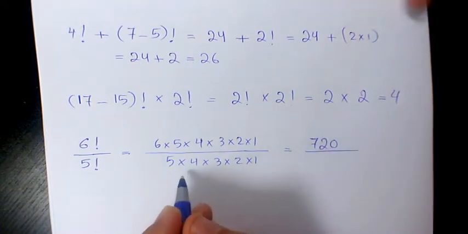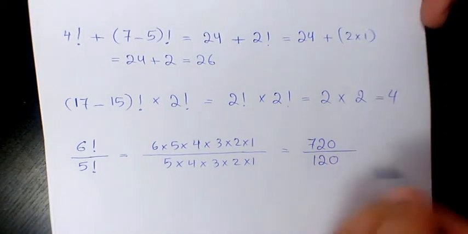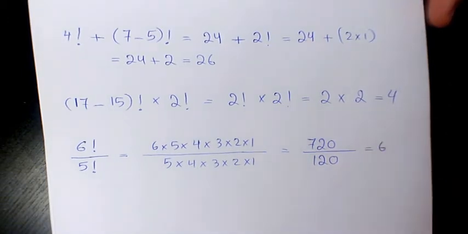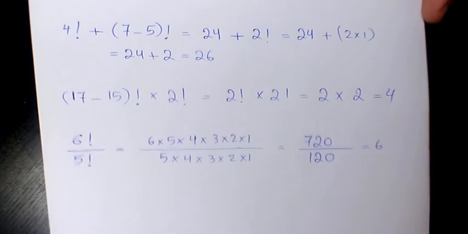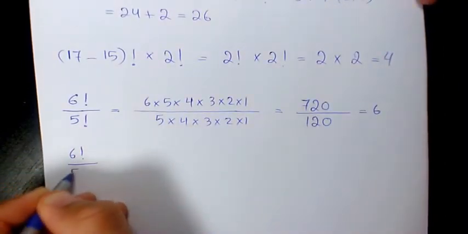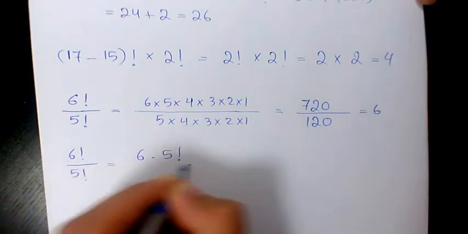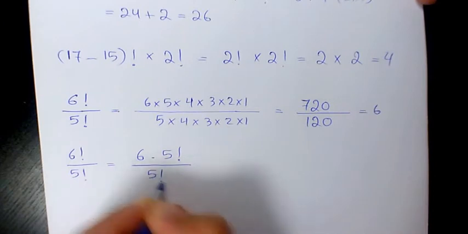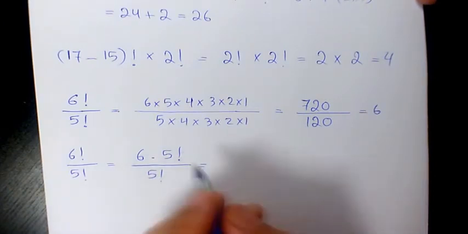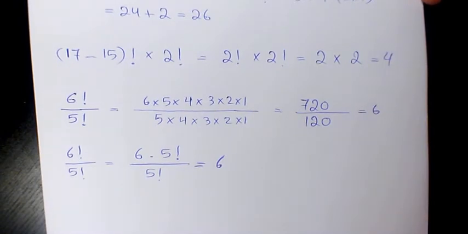And 5 factorial is going to be 120. 720 divided by 120 is going to be 6. On the other hand, based on the notes we had, I can write 6 factorial as 6 times 5 factorial. So let's divide it by 5 factorial. 5 factorial and 5 factorial cancel out, and we're going to end up having 6 there.